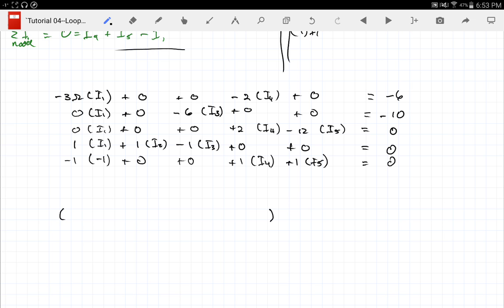So for my first equation, that would be minus 3 ohms, comma, 0, comma, 0, comma, minus 2 ohms, comma, 0.